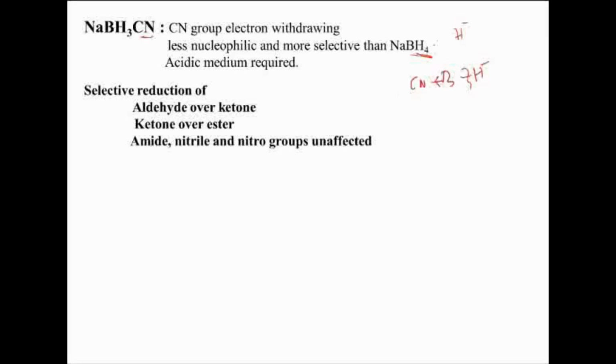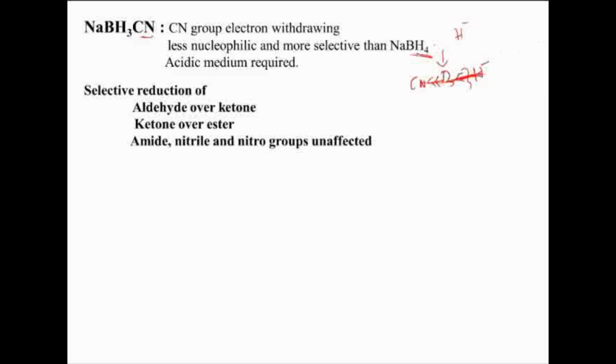Okay, we know already that boron is electron deficient. So if it withdraws electrons from it, what will it do? It will not release the hydride outside. So it will try to hold this hydride towards itself. So what will happen, that becomes less nucleophilic. Therefore this is more selective.